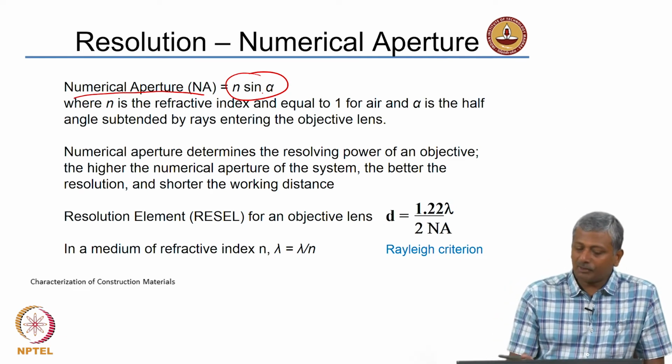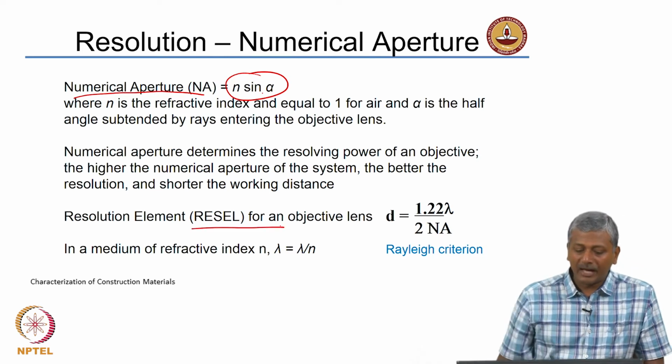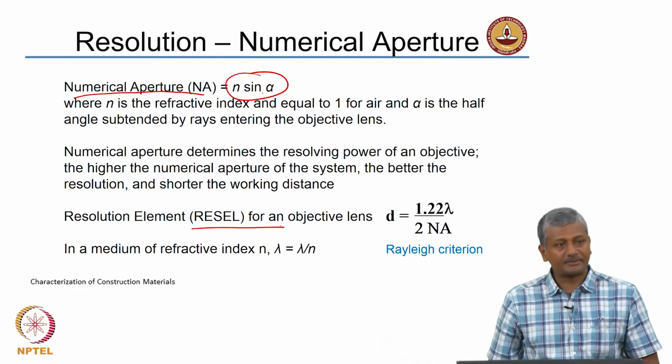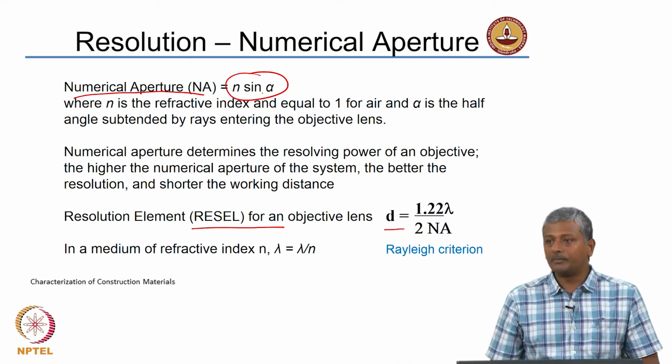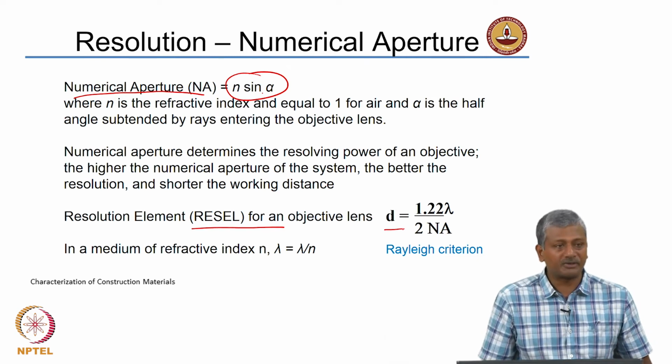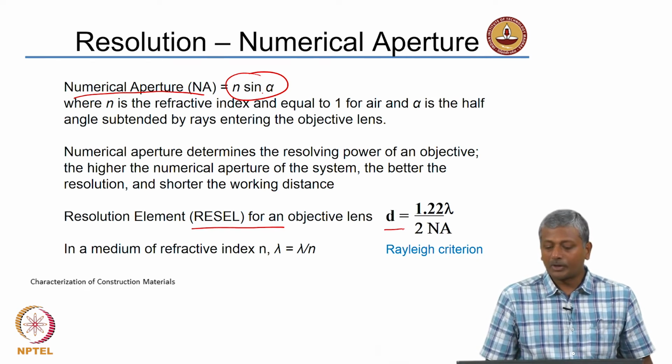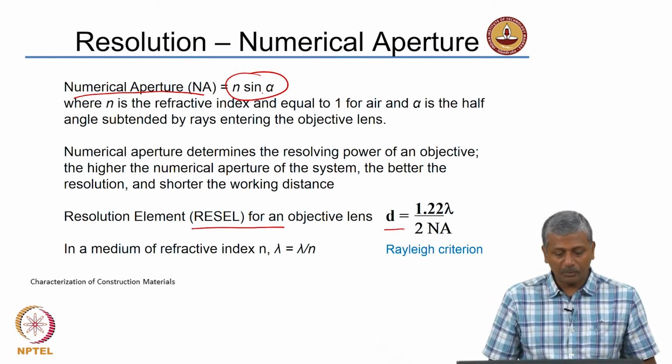So, in general, for an objective lens, you have what is known as a resolution element, which is d equal to 1.22 multiplied by lambda divided by 2 times the numerical aperture. Okay, the resel or resolution element for an objective lens is 1.22 times lambda by 2 times numerical aperture.